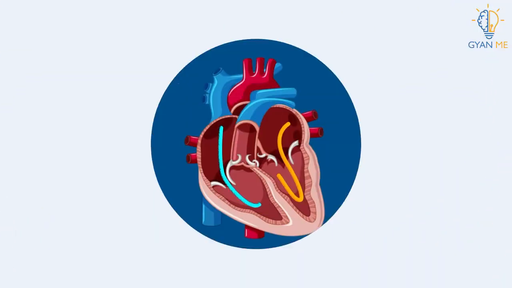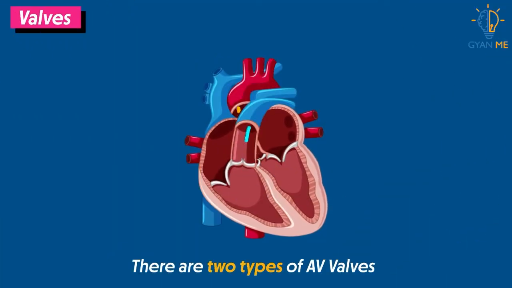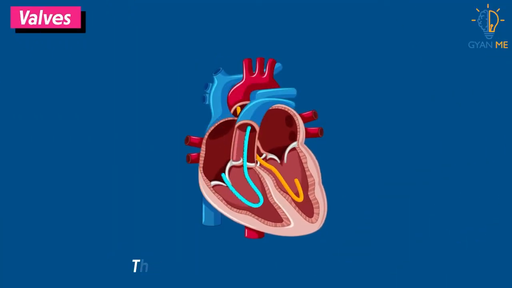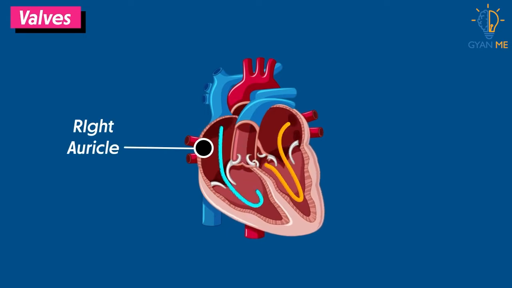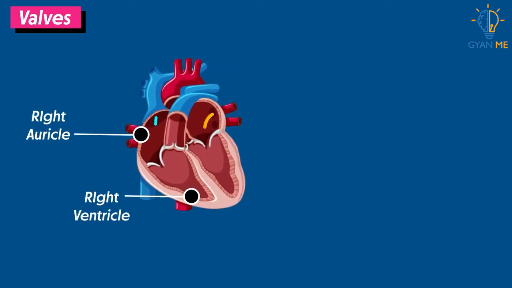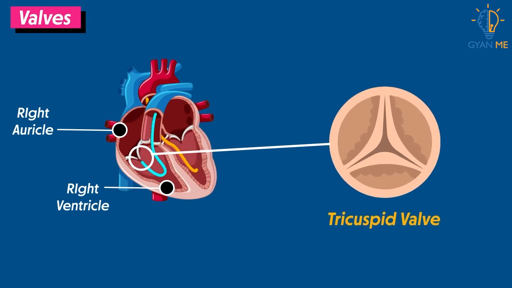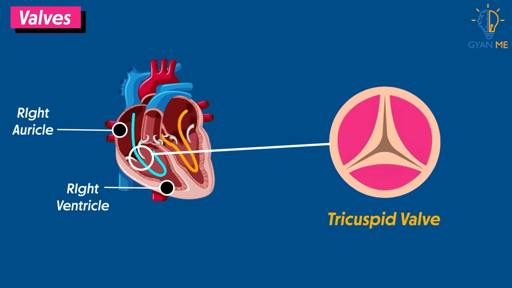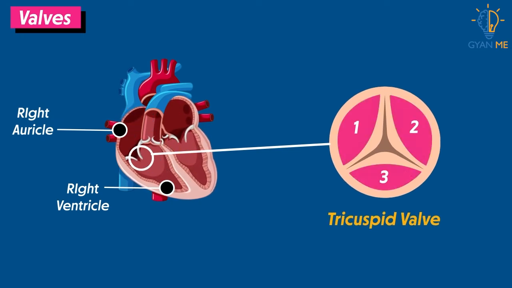There are two types of AV valves. The opening between the right atrium and right ventricle is guarded by the tricuspid valve. As the name suggests, it has three flaps or cusps.